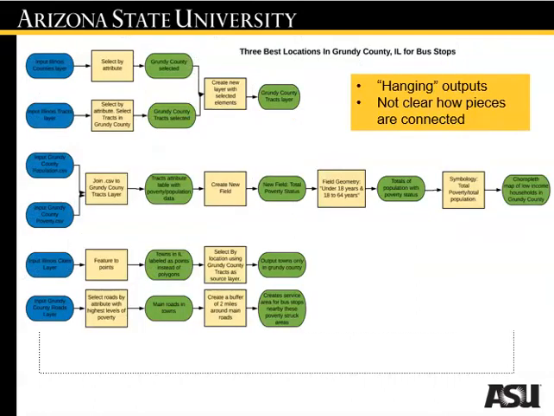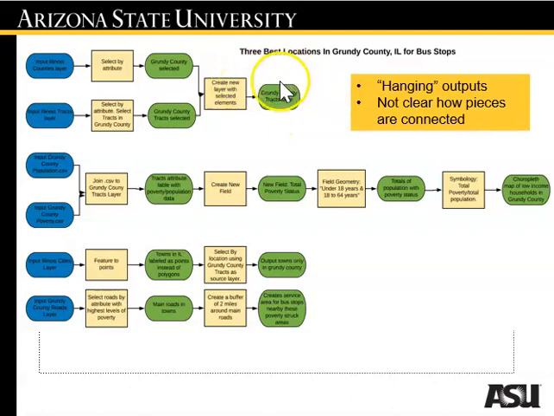Now this flowchart here is also pretty good. It has the input data layers in the blue circles, and it has the processes in the yellow squares, and then those processes result in green outputs. The one thing that this flowchart could improve on are these hanging outputs. So you can see here that sometimes a process leads to an output that's never the input.